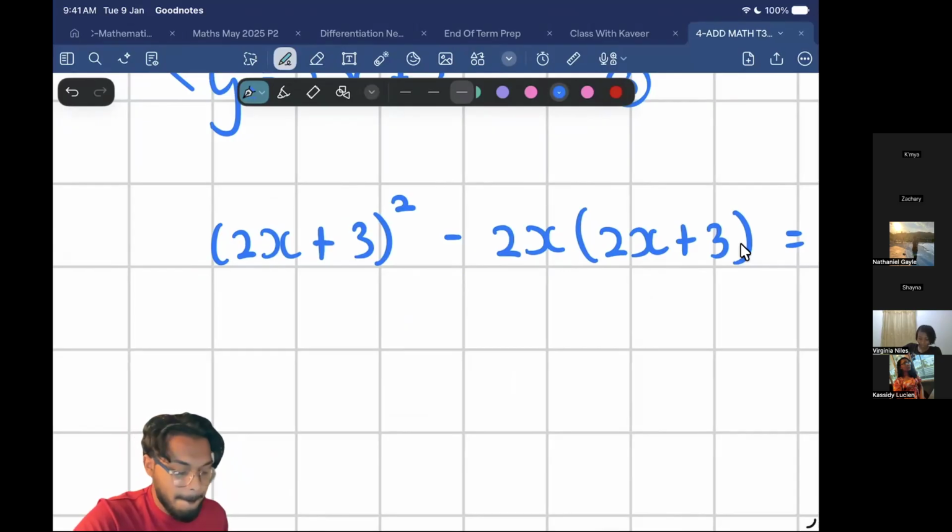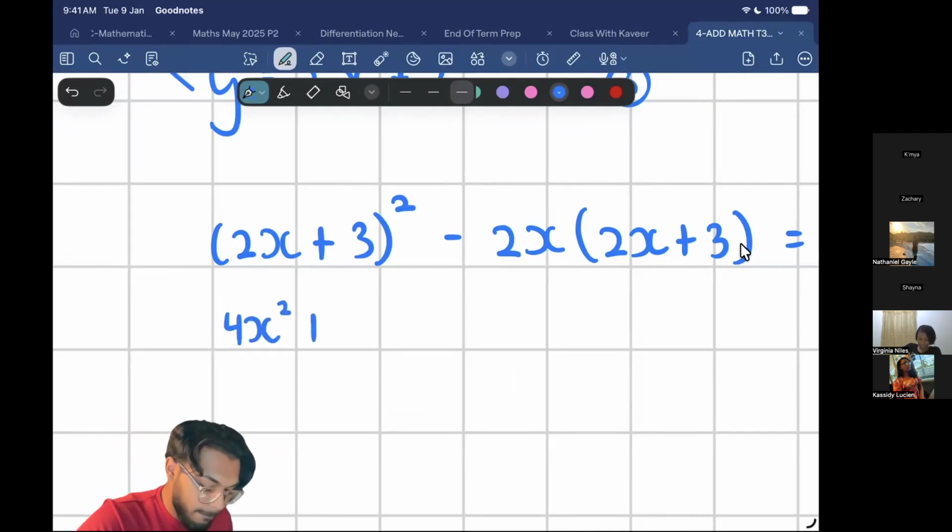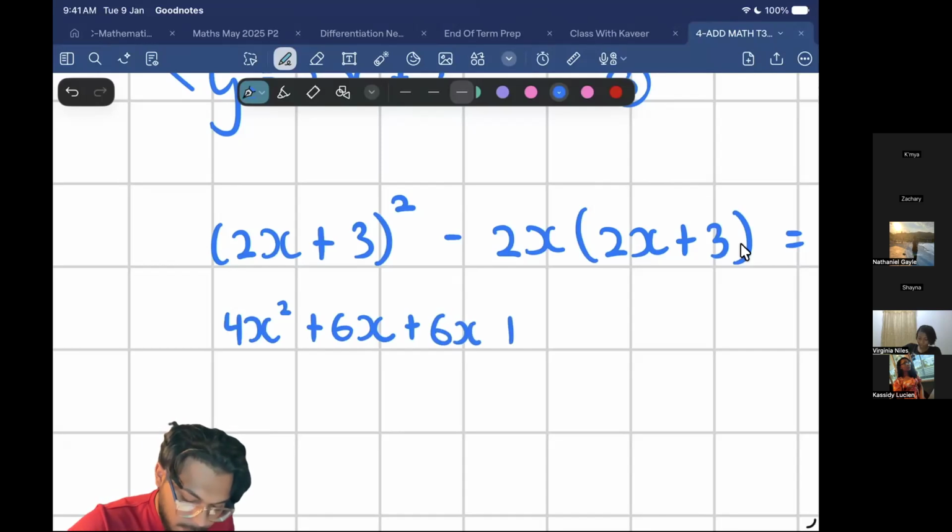You will get first 4x squared, plus 6x, plus 6x, plus 9.